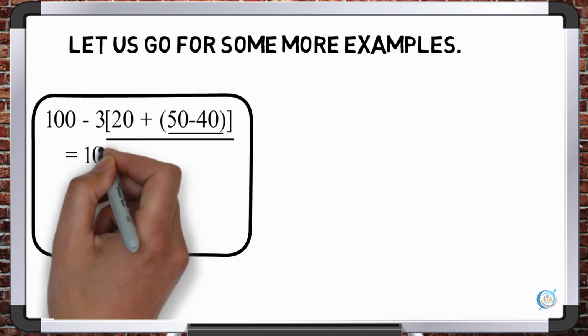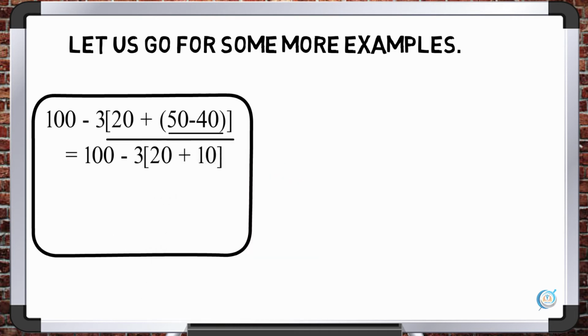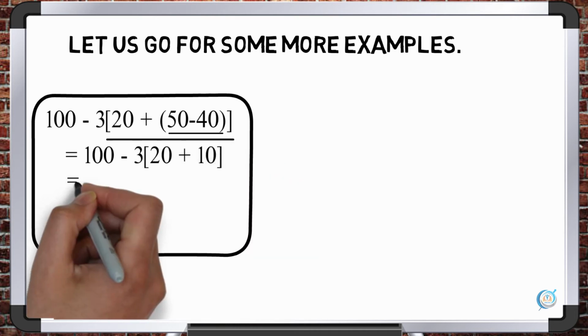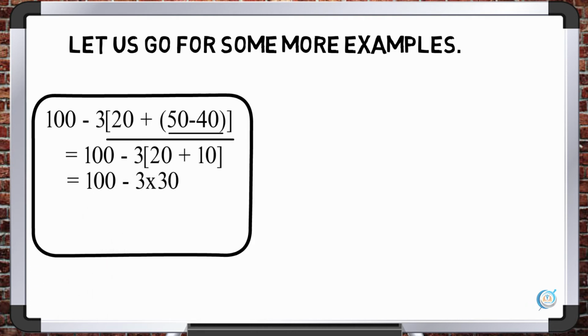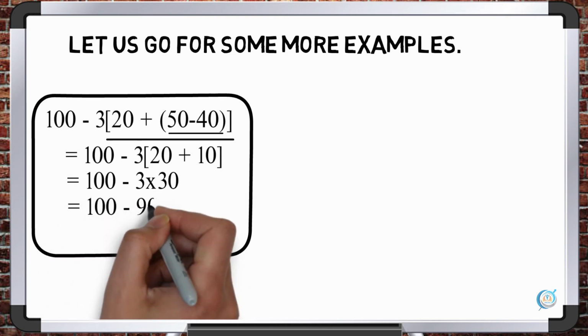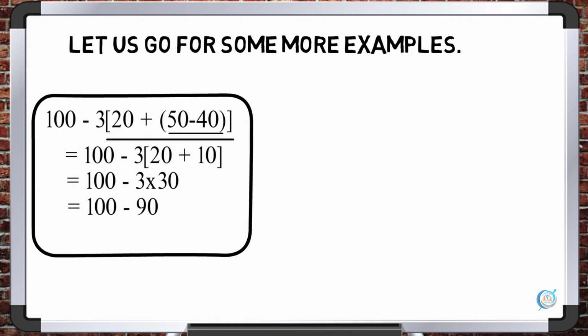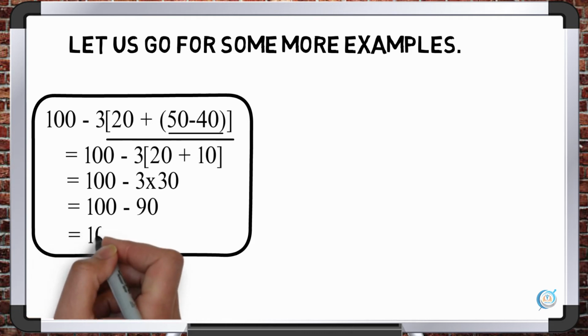So the answer will be 100 minus 3 into [20 plus 10], because 50 minus 40 will become 10. And next the other bracket, that will be 100 minus 3 into 30. 20 plus 10 will become 30. So next multiplication and finally subtraction. So 3 into 30 will be 90, and 100 minus 90 will become 10.